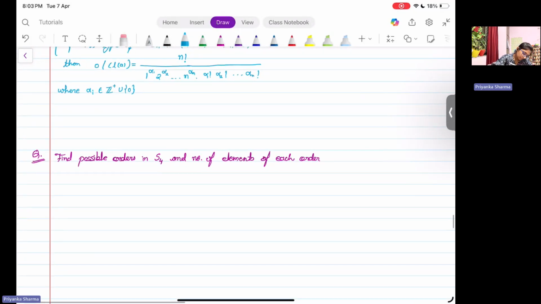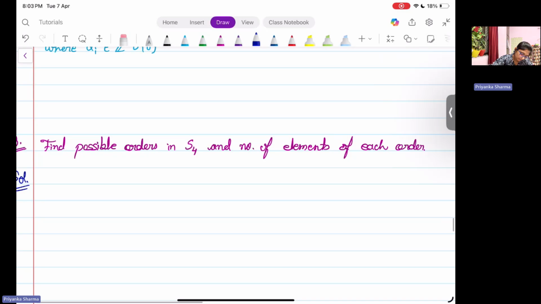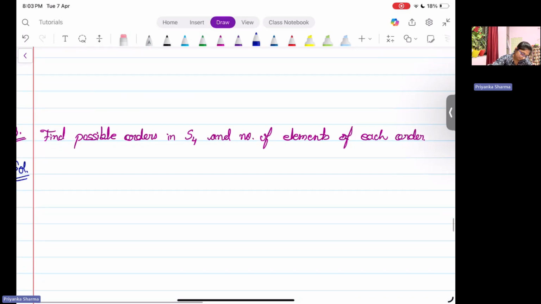How to solve this? Find possible orders in S4 and the number of elements of each order. So that's why we need to find the partitions of 4.